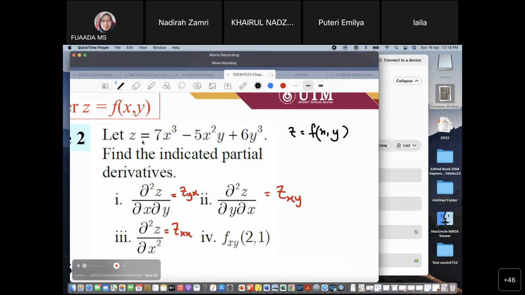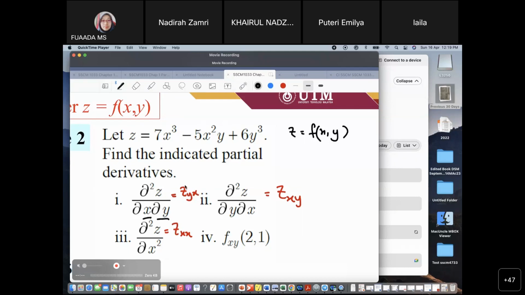As given here, find the indicated partial derivative. So you have del square z, del x, del y. Remember, if it is given in this del form, who goes first, y or x? You have to look at the rightmost. So you have y, meaning you settle y first, followed by x. You have z, y, x.